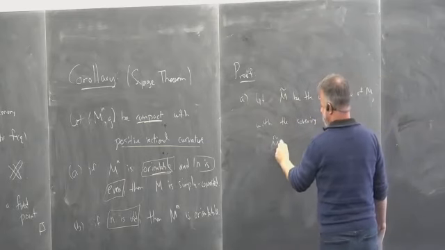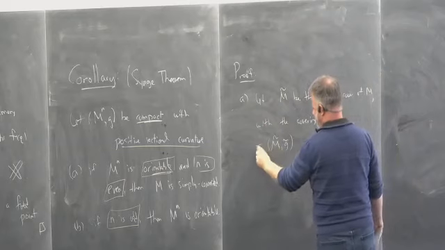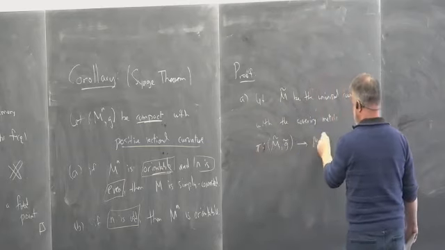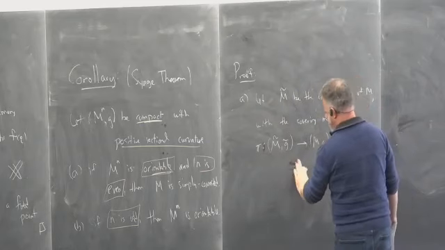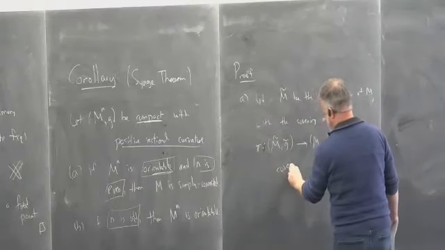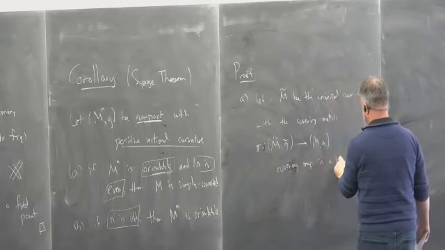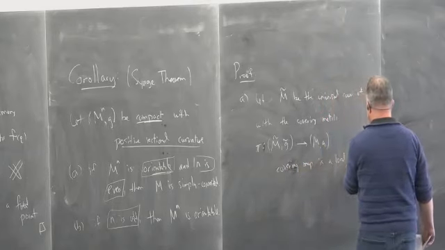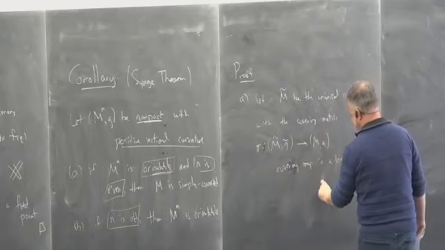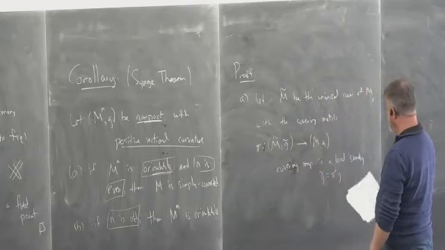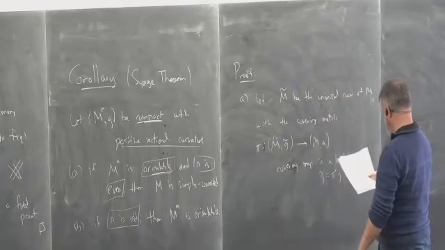So the projection, the covering map, is a local isometry. Remember, this is how we defined g tilde: g tilde is defined to be pi star of g. That makes it a local isometry.